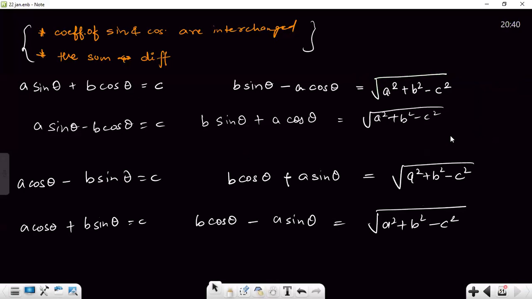See, A sin theta plus B cos theta, if it is given as C, then if you interchange the coefficients of sine with cos and you change the plus sign with minus or the minus sign with plus, then the right hand side will change from C to square root of A square plus B square minus C square. That is the basic idea, and that's happening in all of the cases below.